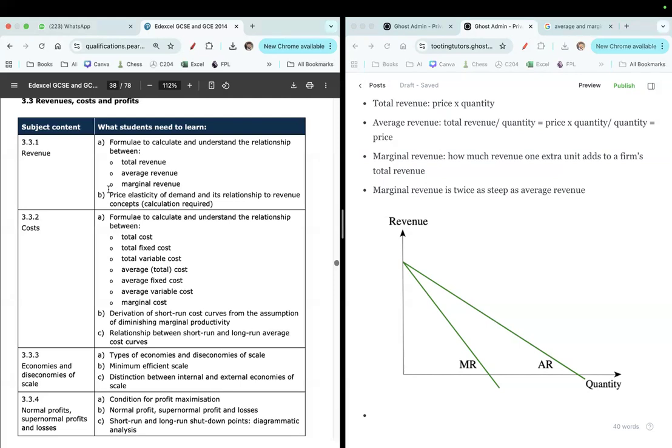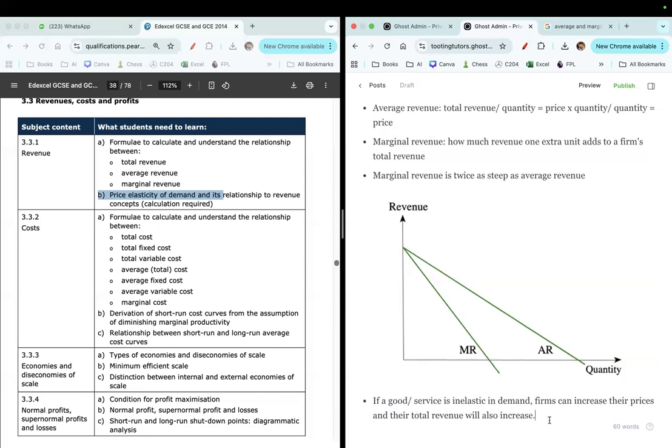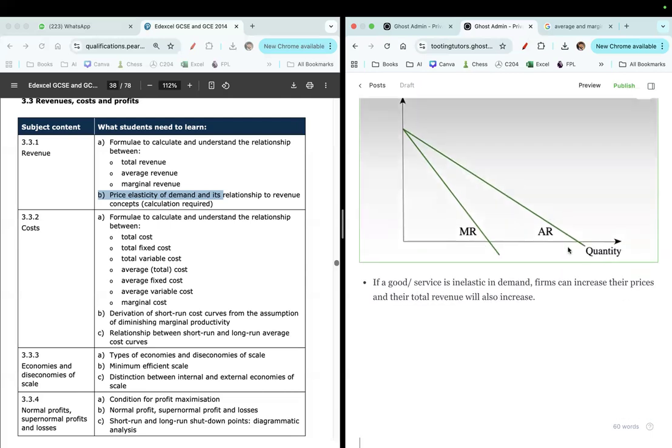So if a good or service is inelastic in demand, firms can increase their prices and their total revenue will also increase. Whereas if a good or service is elastic, if a firm increases their prices, their total revenue will fall.